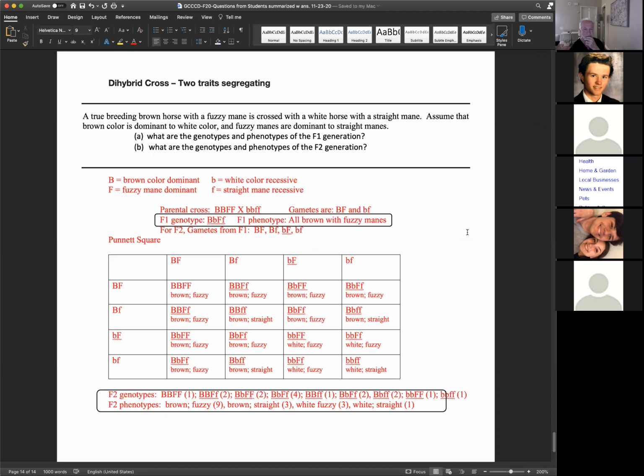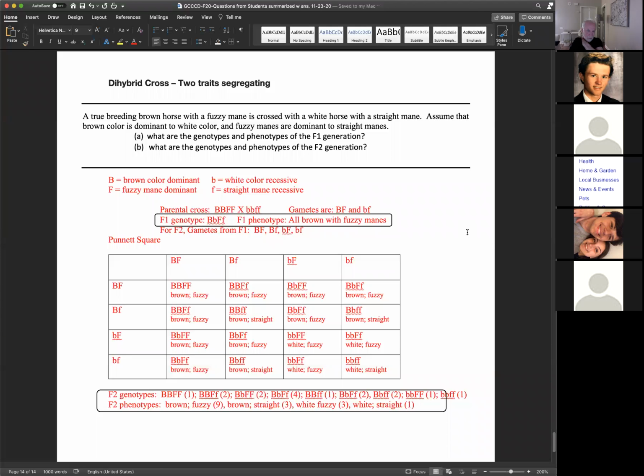So if this has a straight mane, that must be homozygous recessive for mane, hair straightness or fuzziness. And if it's white, then it has to be homozygous recessive for color. So this horse, well, we'll get to the letters down here, but we know this horse is homozygous recessive for color, homozygous recessive for the mane hair.